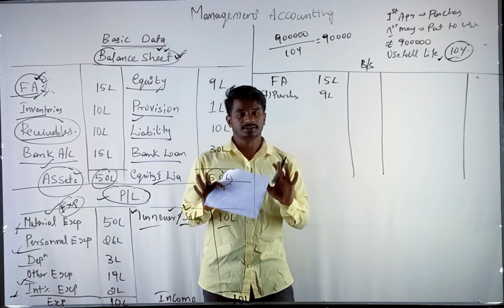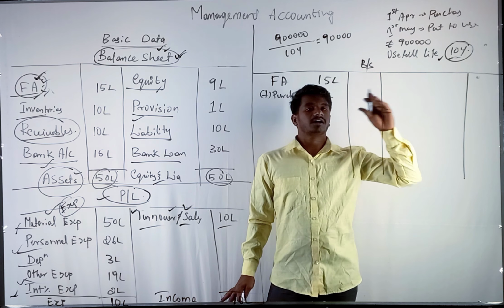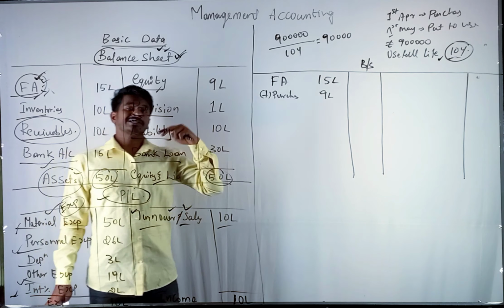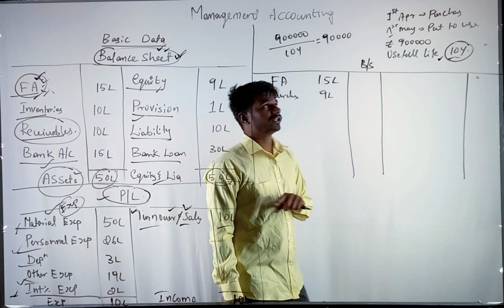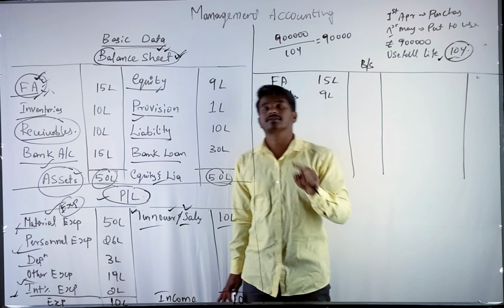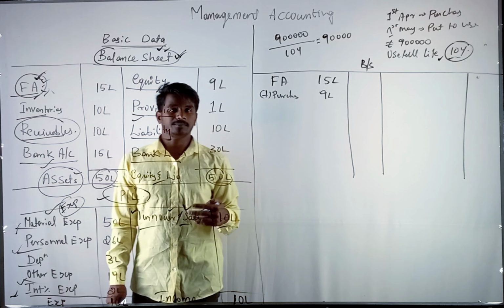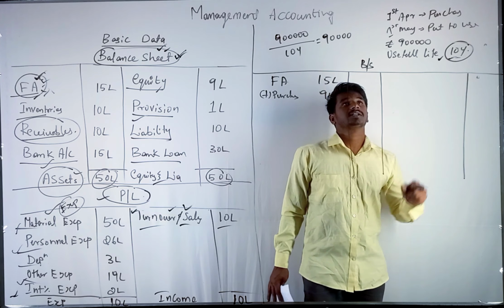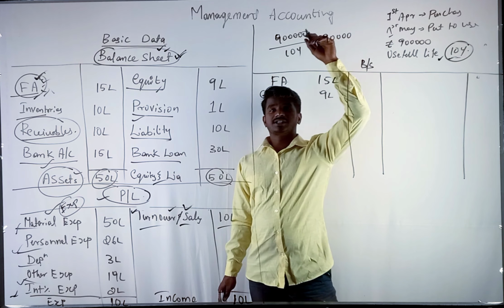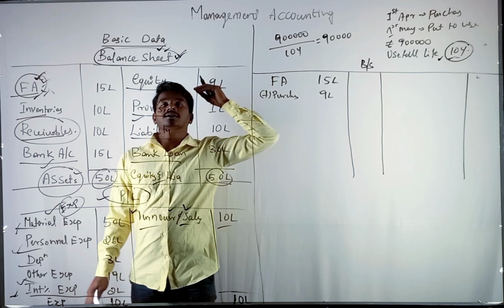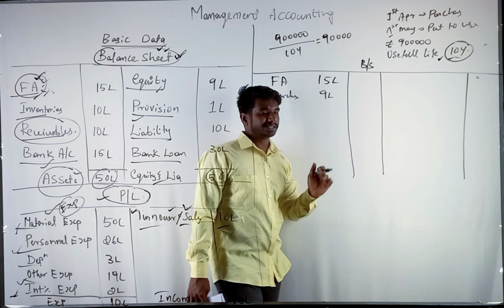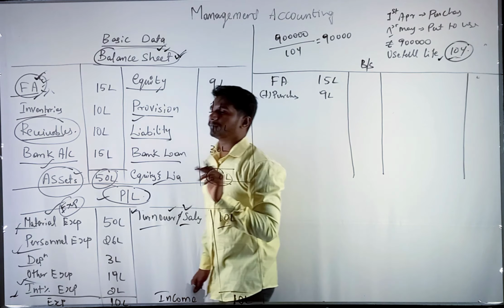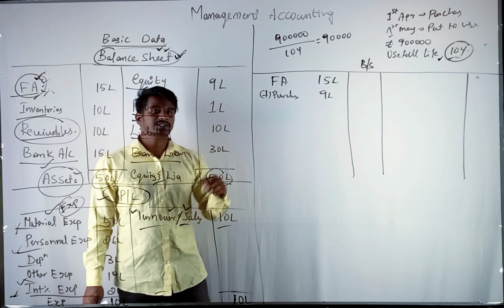Is that correct? Yes. Are we using that machine the full year, 12 months, in the current year? Obviously no, because we purchased that machinery in April, so we could use it for 9 months. But they have mentioned a point. The machinery put to use date is 1st May, means we are using the machine from 1st May.